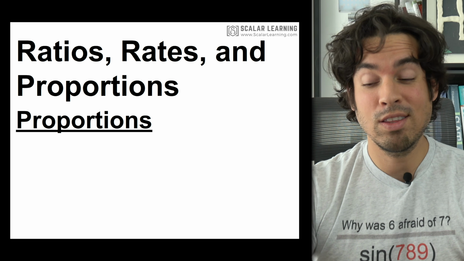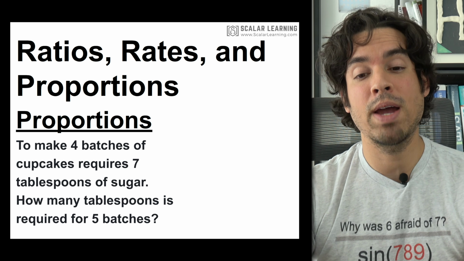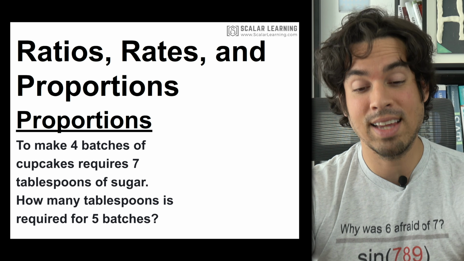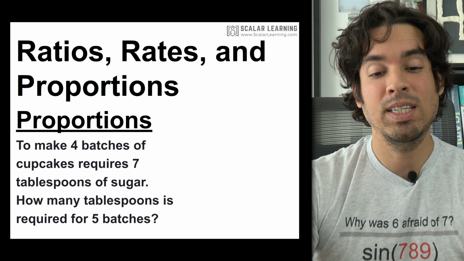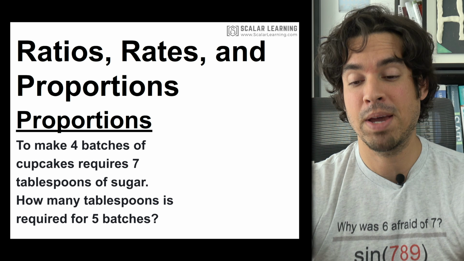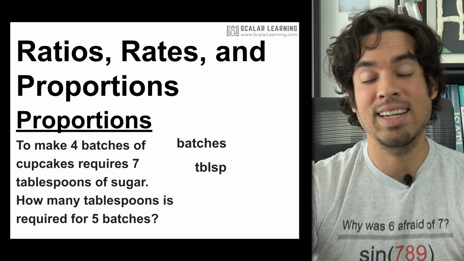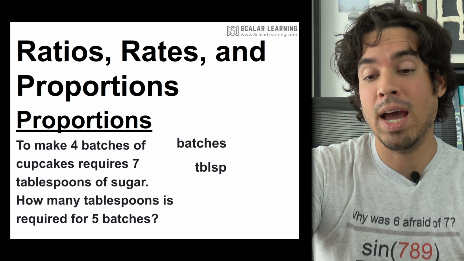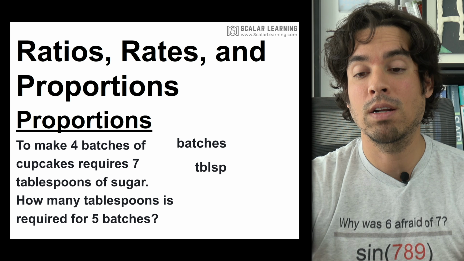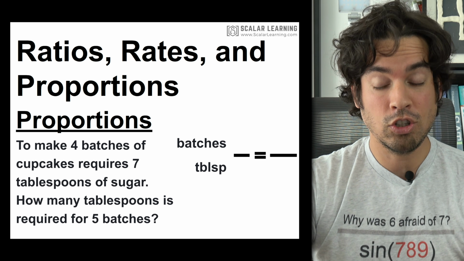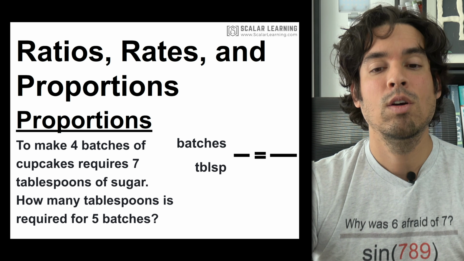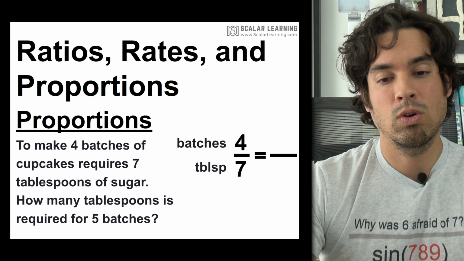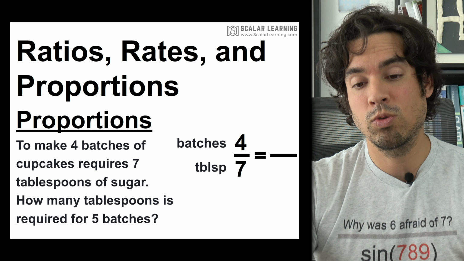Now we'll jump into another example. Here it says to make 4 batches of cupcakes requires 7 tablespoons of sugar. How many tablespoons is required for 5 batches? All right, so let's check it out. We again set up our framework. We've got batches on top, tablespoons on the bottom, and there's our baseline structure. So we see that we've got 4 batches for those and requires 7 tablespoons of sugar.